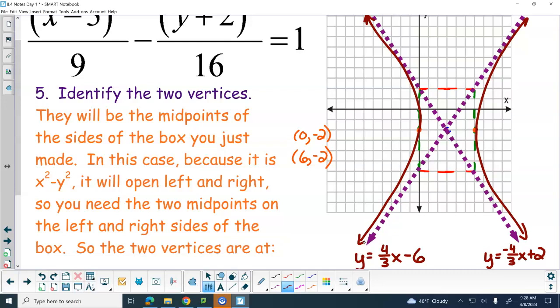Then we got one last thing to find, and that's the two foci.